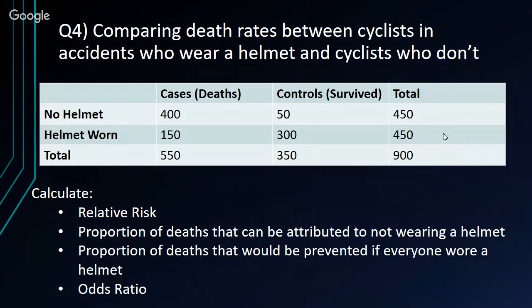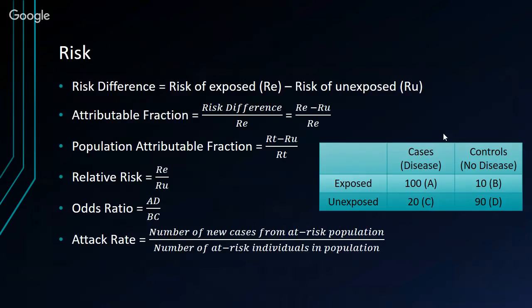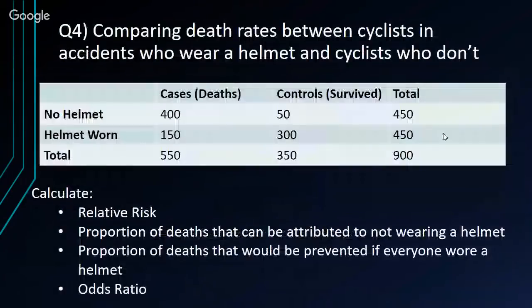So relative risk. How do we do that? I should probably go back. Anybody? If no one answers, I'm going to have to pick on someone because I've got to go fast.